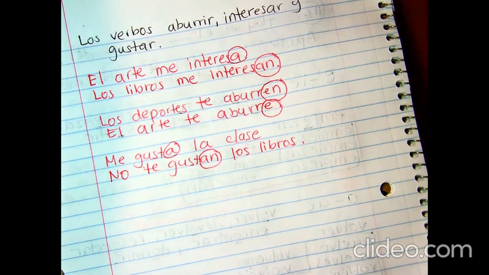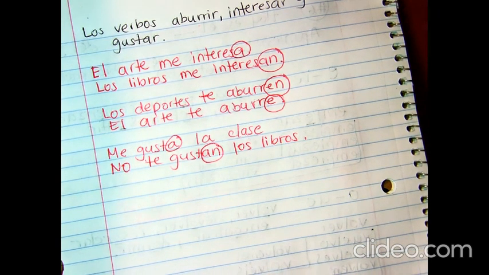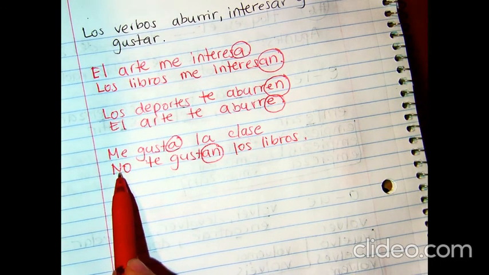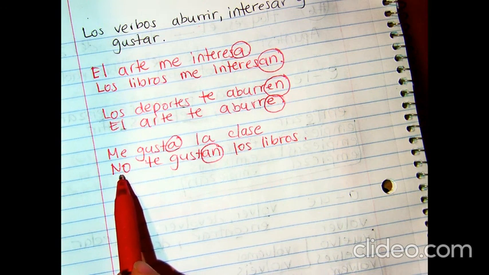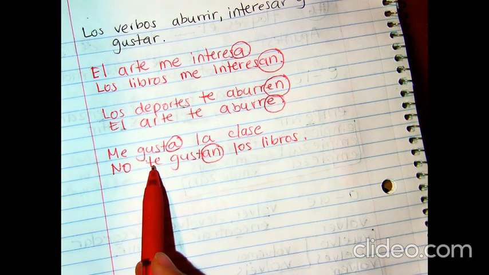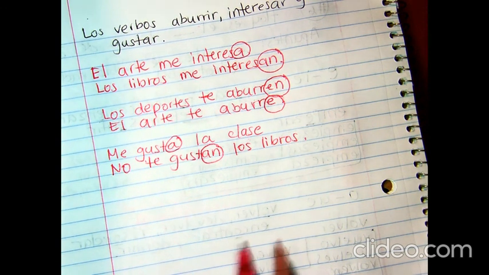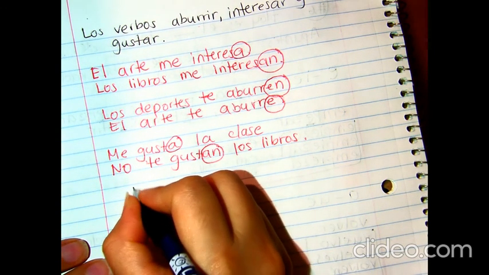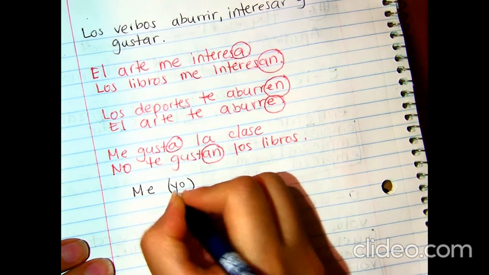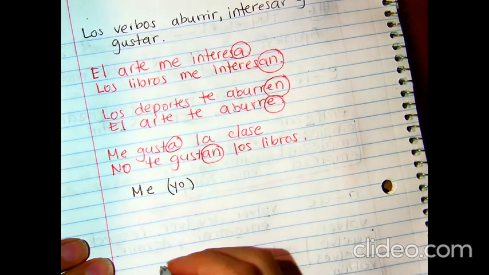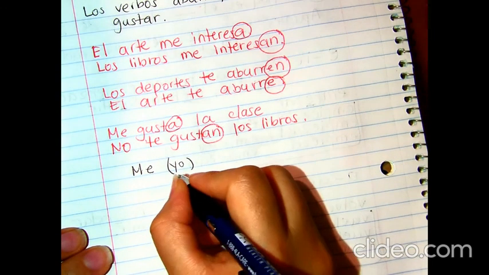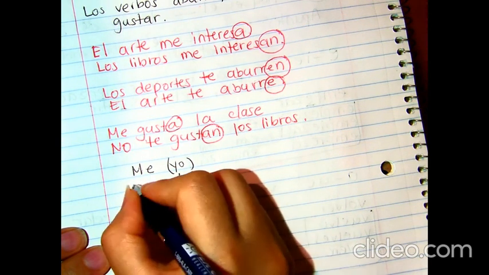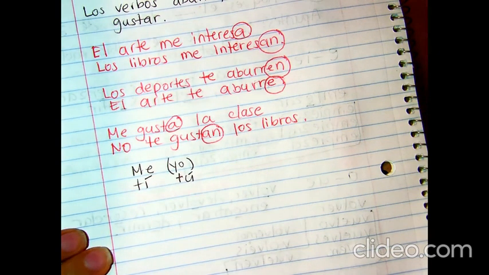So, for gustar, you need to make sure that you make this negative if you don't like something. So you put the no in front of the indirect object pronoun and the verb, right? So what you need to remember is when you're talking about yo, you use me. When you're talking about tú, you say a ti, right?